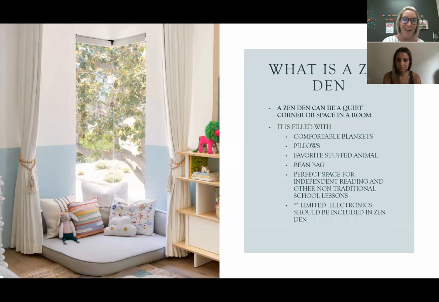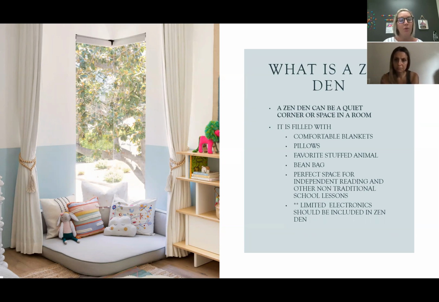The last thing to talk about is a Zenden. They're called many different things: Zendens, calming corners, all different kinds of cubbies. This is any space or a quiet corner in a room, and the one that we showed you here is rather fancy, and we don't need to be that way, but it's something that's filled with things like comfortable blankets, pillows, a favorite stuffed animal, bean bags, just a perfect space for other learning things like independent reading or other non-traditional lessons.